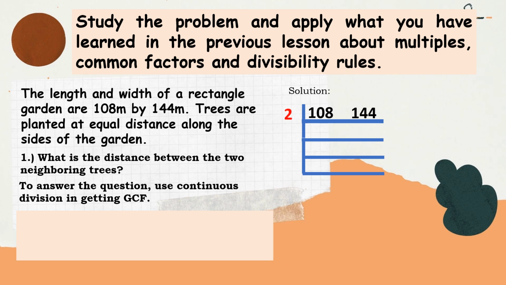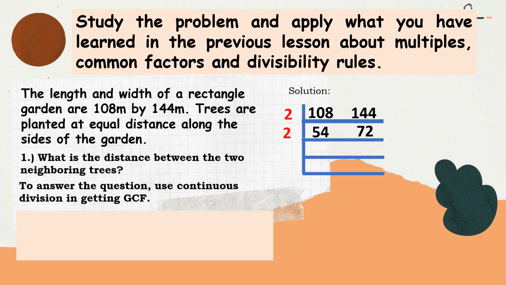So we have 2. 108 divided by 2, the quotient is 54. How about 144 divided by 2? The answer is 72.